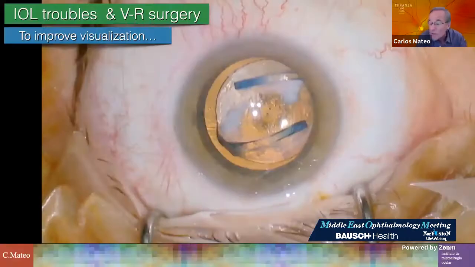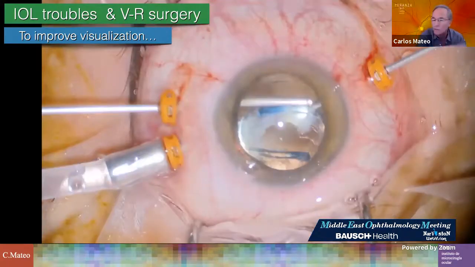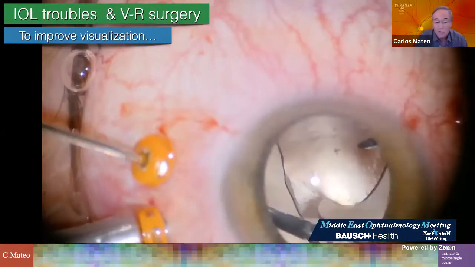And in other patients, perhaps you have this aspect, and in this aspect, perhaps you have a PVR. And then you have to improve your visualization because for vitreoretinal surgery, visualization is so important. Then in these cases, the thing I do is to remove the capsules, to keep the lens in the eye, and then I suture the lens to the posterior surface of the iris, as you will see now.